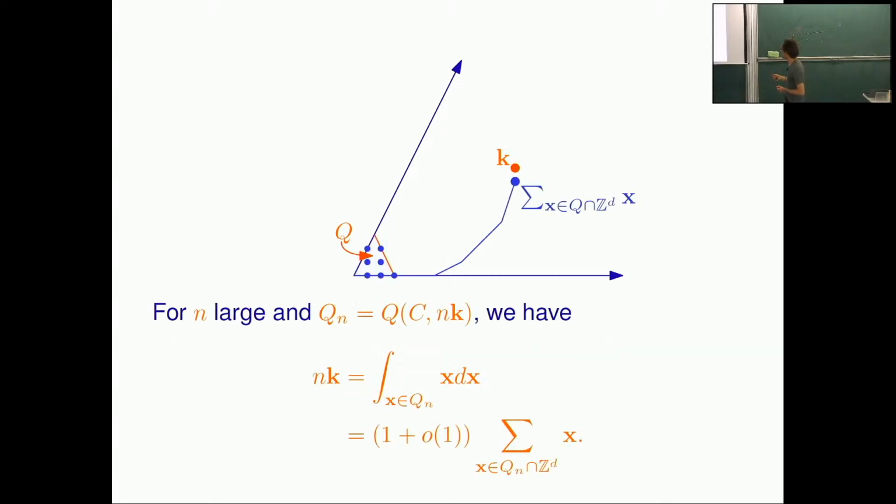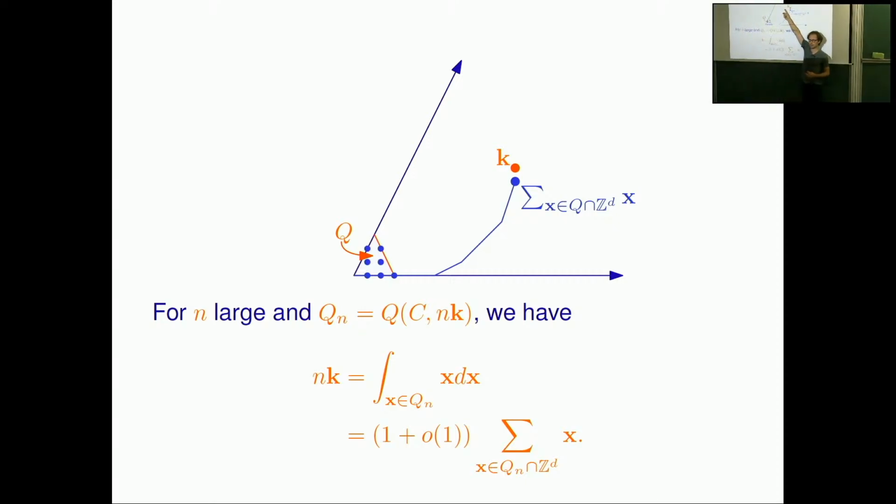And so in some sense the largest set of vectors inside this cone C that gives the correct endpoint K is exactly those vectors contained in this cap.